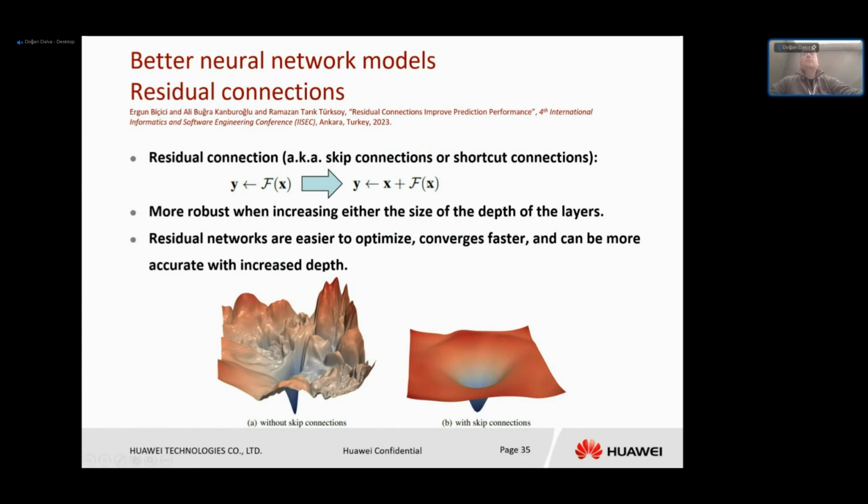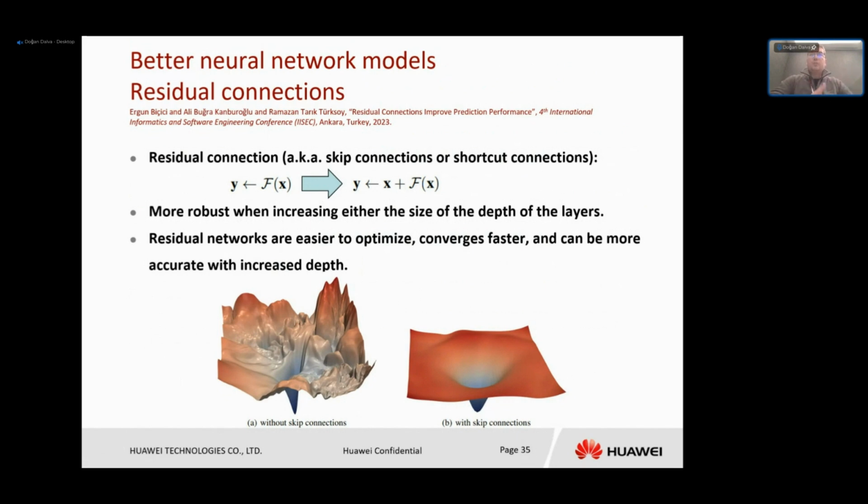Because in deep neural networks, F(X) can be very deep. F(X) can have hundreds of layers. And in this process, the relation with the input can be forgotten. So to prevent forgetting the input, we add this skip connection or residual connection. And this increases the robustness when increasing the depth or the size of the layers.